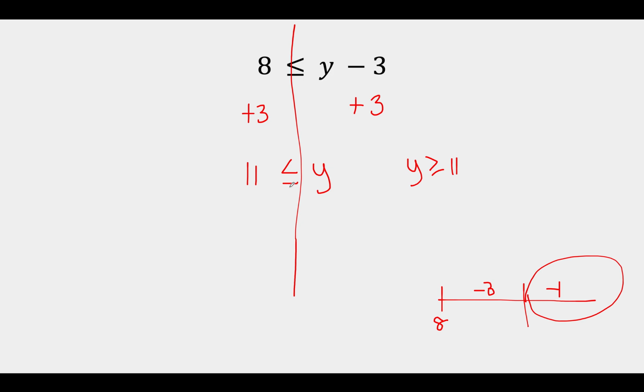Just be careful that you make this a mirror image of itself. You wouldn't want to do y that's less than 11 because that would make these two statements not equal to each other. They wouldn't be true. You would get the wrong answer.